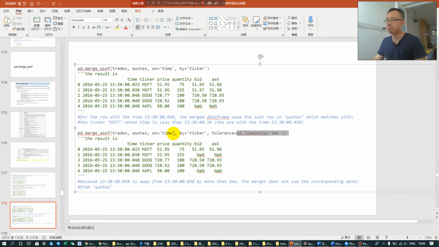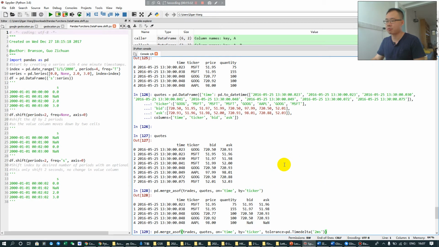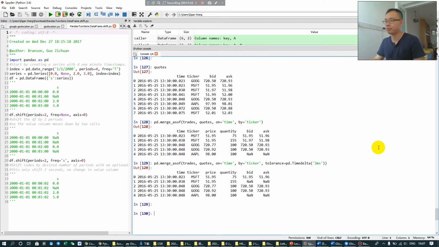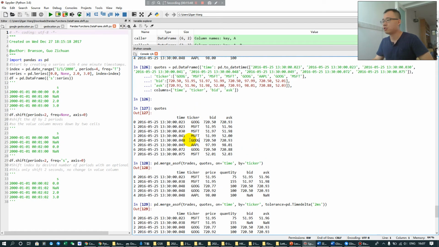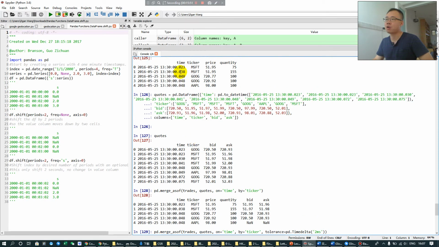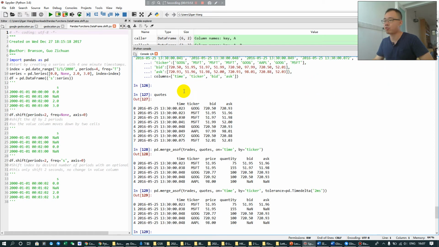Okay. There were some other parameters. For example, tolerance. The tolerance is 2 milliseconds. So that means if the quotes time happens more than 2 milliseconds before the trade time, it will not be recorded.